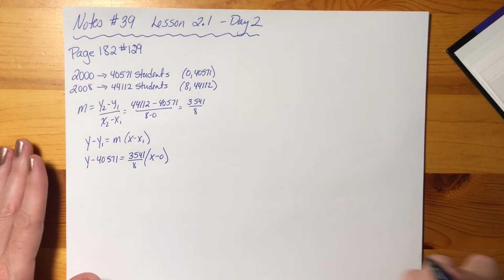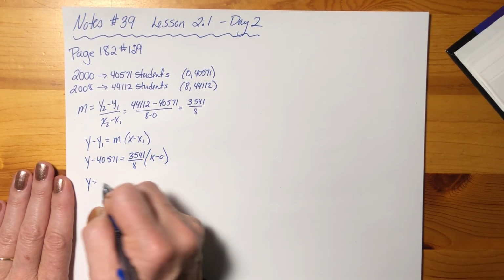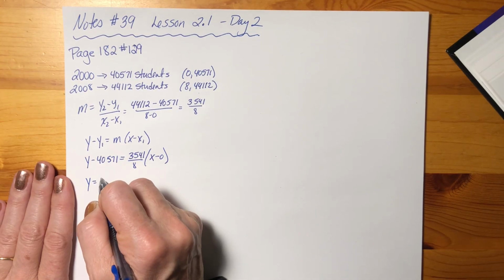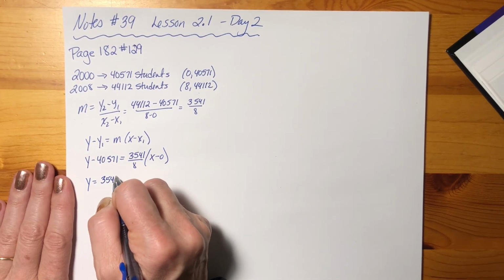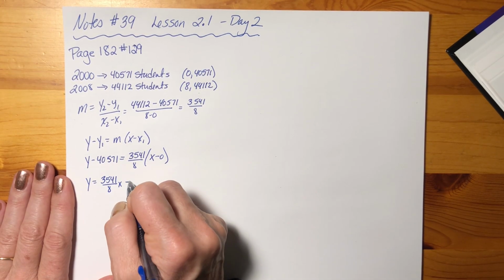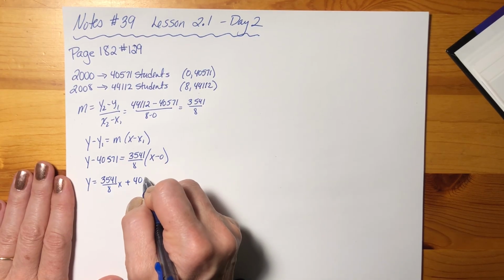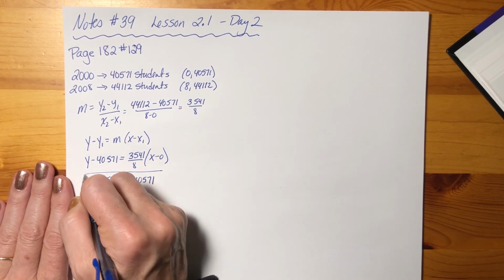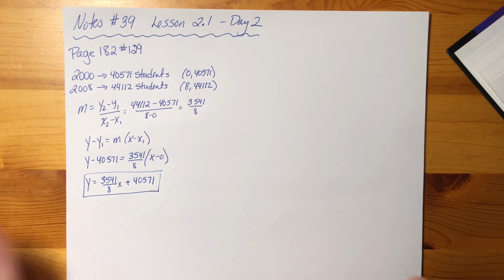Oh, that's so nice, isn't it? So y equals 3,541 over 8 x plus 40,571. Okay. We have found the equation of the line.